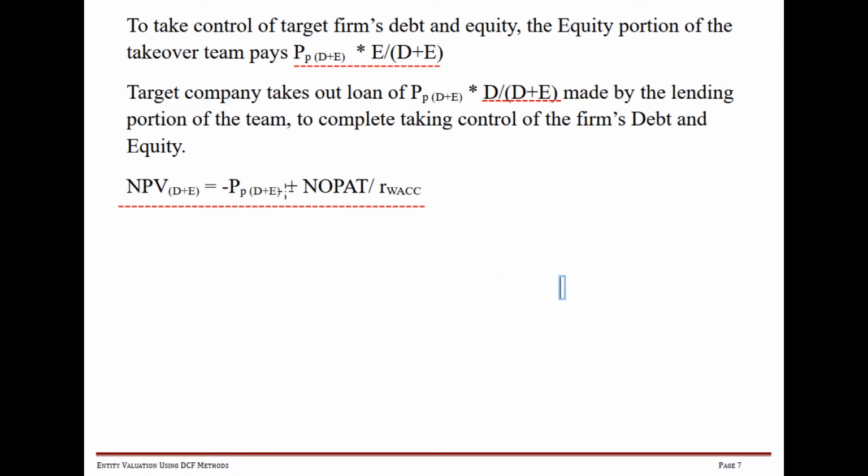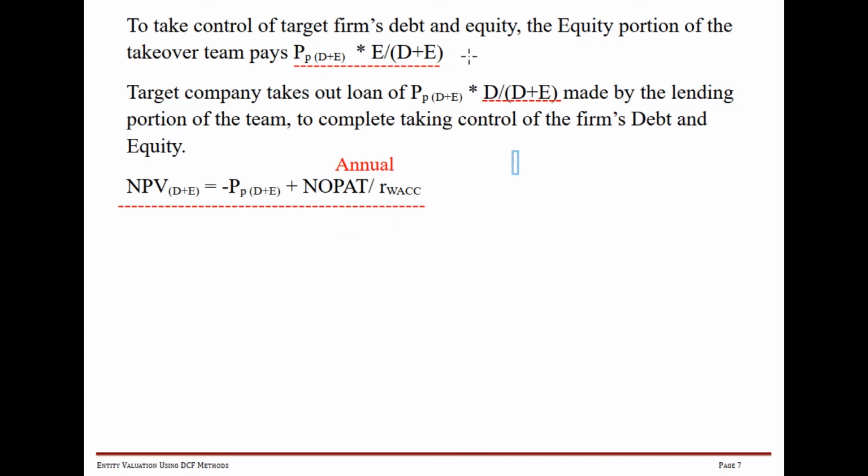So what's going to happen here? We have to cough up, one way or another, enough cash to buy all the shares and pay off all the existing debt. That's what's going on here with P sub P, D plus E. And then the present value of the future cash flows we're going to get is just annual NOPAT. And remember, that's constant every year because these are all steady state entities. Annual NOPAT divided by the cost of capital, weighted average debt plus equity.